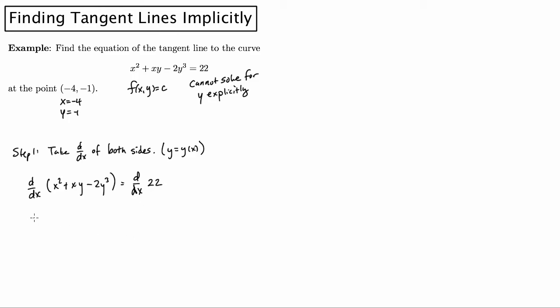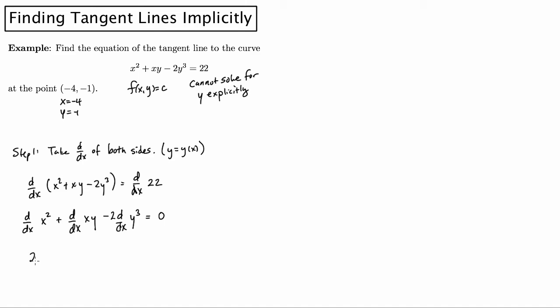Looking at the derivative on the left, it distributes, so I have the derivative of x squared plus the derivative of x times y minus 2 times the derivative of y cubed. I'm using the linearity there. And the derivative of 22 is 0.